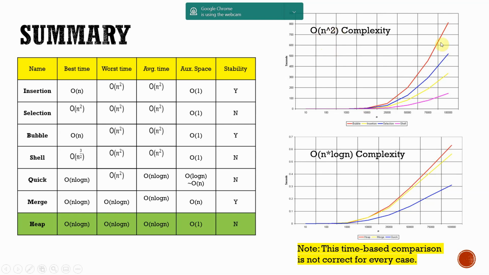This shows, for a specific case, their time to sort an array of a certain size. You see that all of the times grow quadratically.